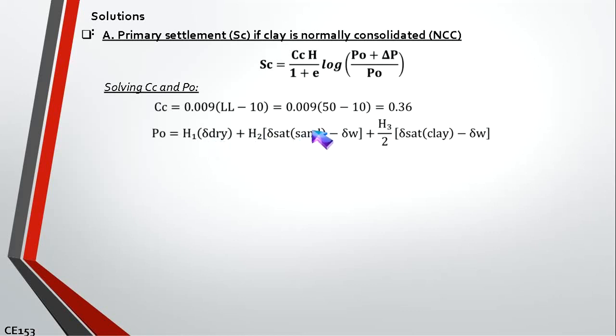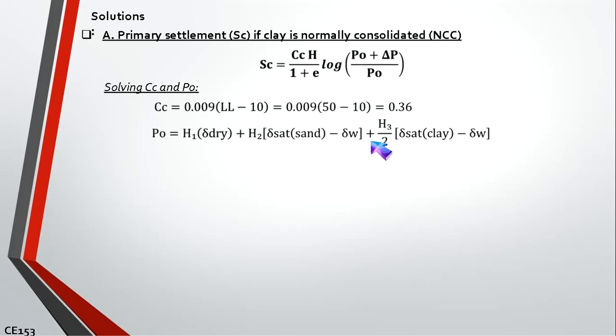Since we use saturated, we need to subtract the unit weight of water, because what we are looking for is the effective pressure, so we remove the effect of water.